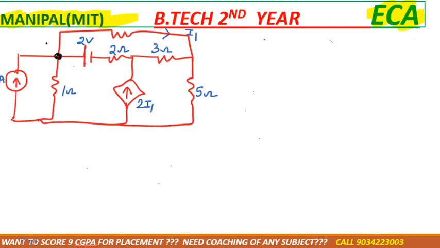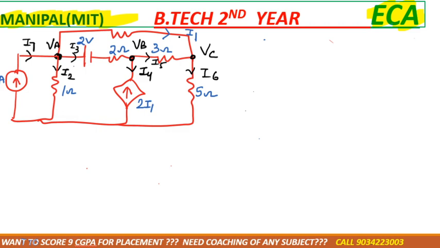In this case we'll have three nodes, VA, VB and VC, right? This one is I1, this one is I2, this one is I3, this one is I4, this one is I5, this one is I6. I1, sorry, we can't take that because it is already used, so we can take it as I7, right?